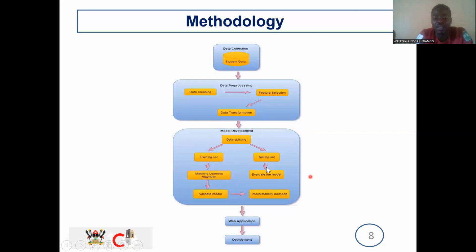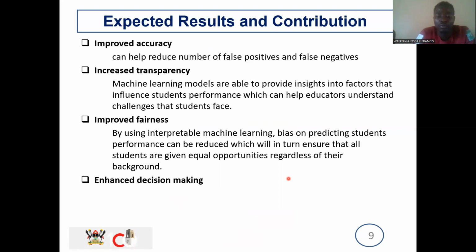After that, we shall validate the model, then apply the interpretability methods. Then later, we shall evaluate the model using the test set, using various evaluation metrics such as recall, accuracy and precision, in order to come up with the model.